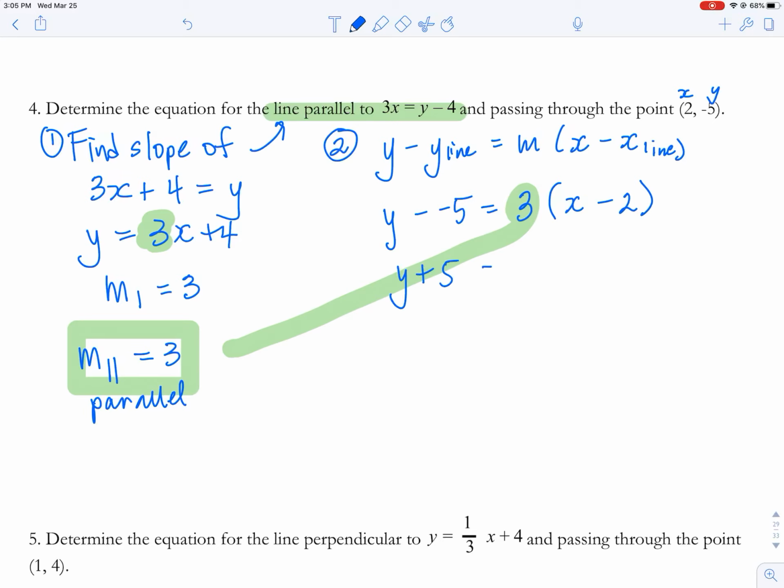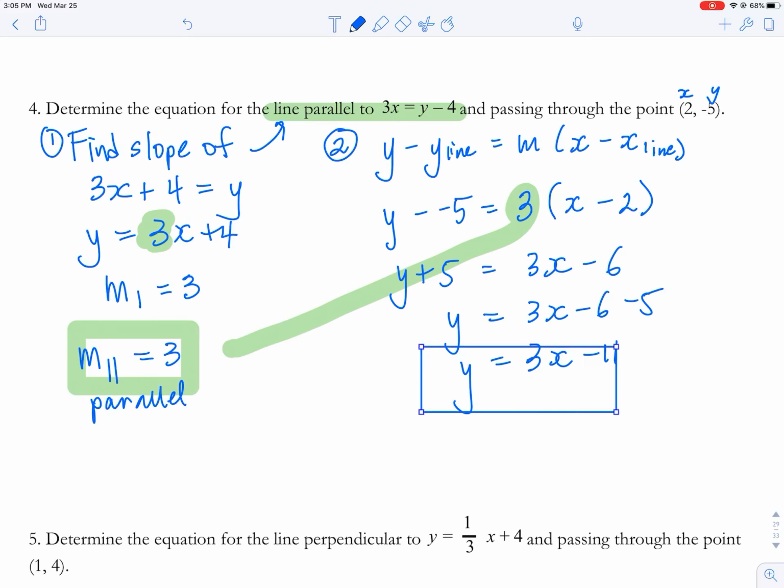So I get y minus 5 equals 3x minus 6, y equals 3x minus 6 plus 5, or y equals 3x minus 1. And that would be our final equation of our line.